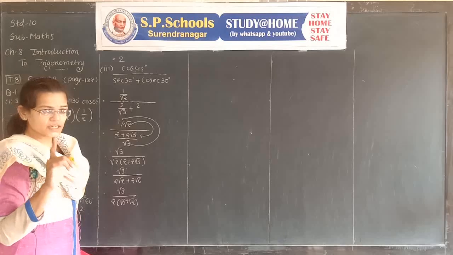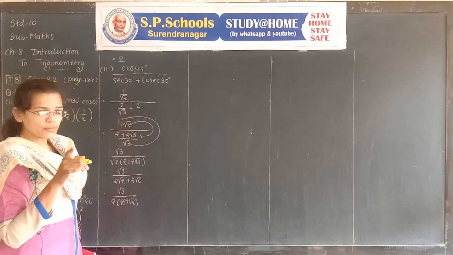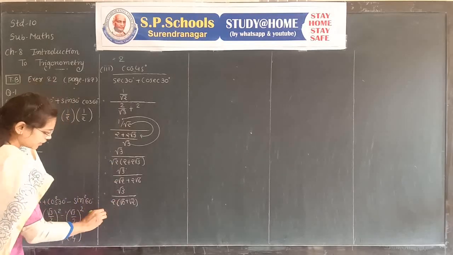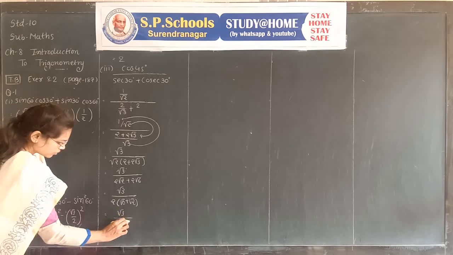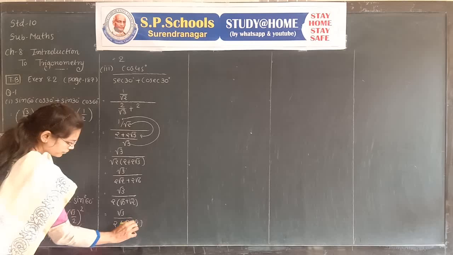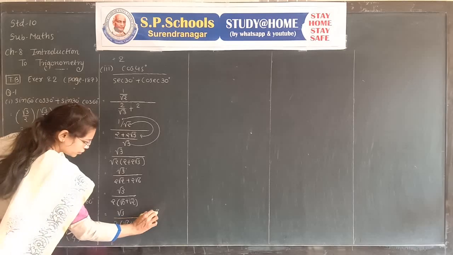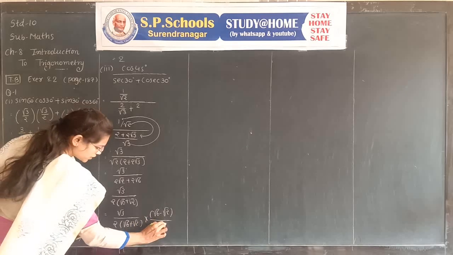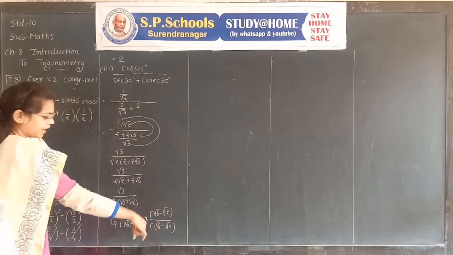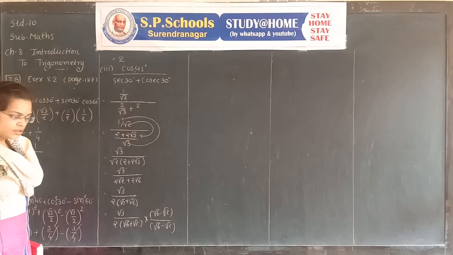Now rationalization of the denominator is compulsory. For that we have to multiply and divide by root 6 minus root 2 upon root 6 minus root 2. They cancel and we get our original value.